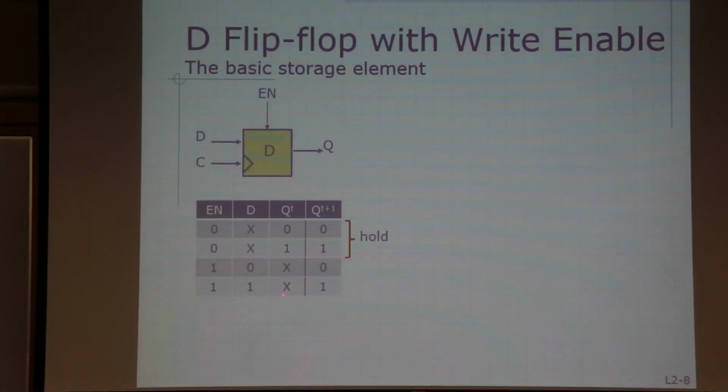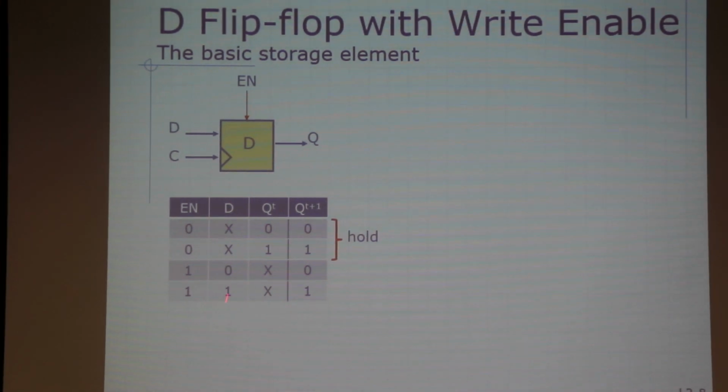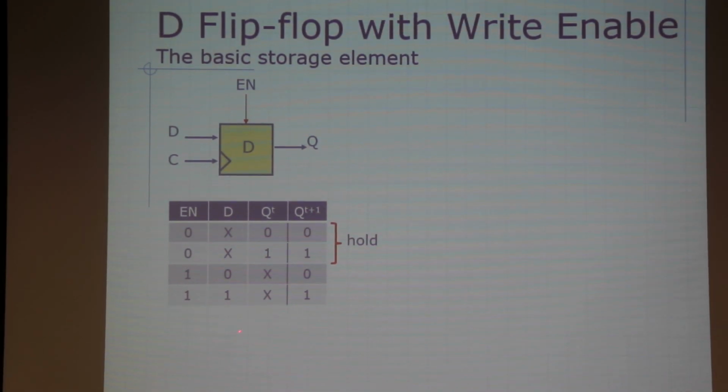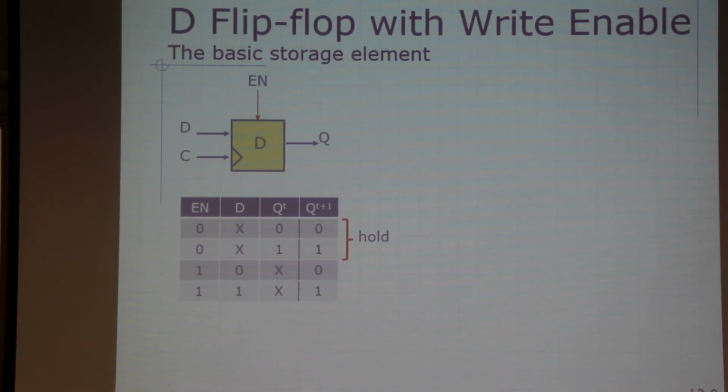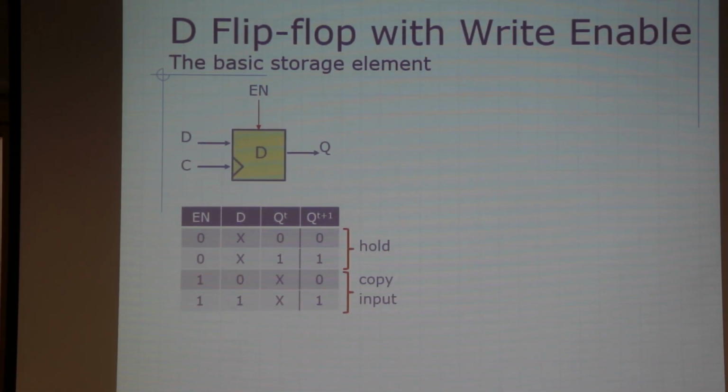then we don't care what is stored inside. Whatever we are supplying is what will show up a cycle later. So you copy inputs. Does everybody understand the functionality? Unless the enable is on, you cannot change the state of this thing.